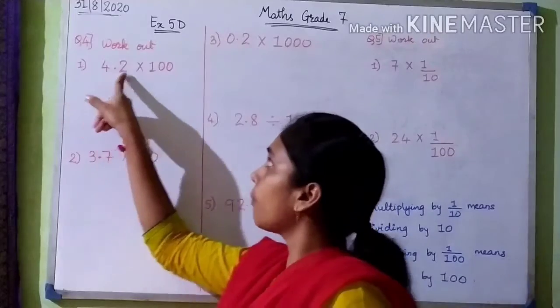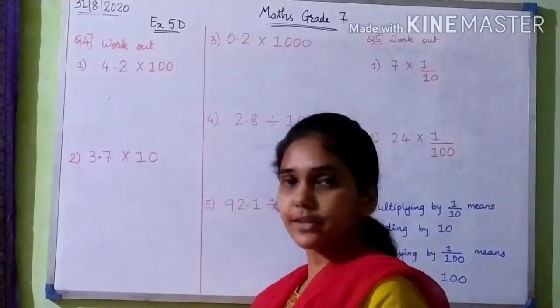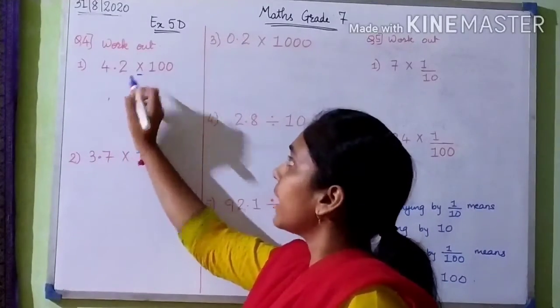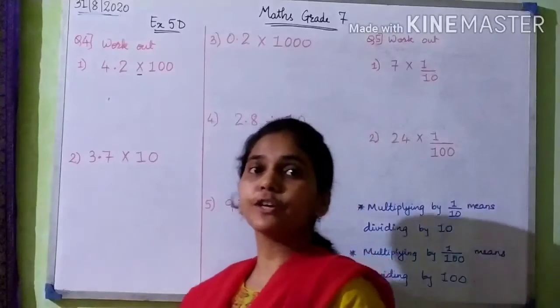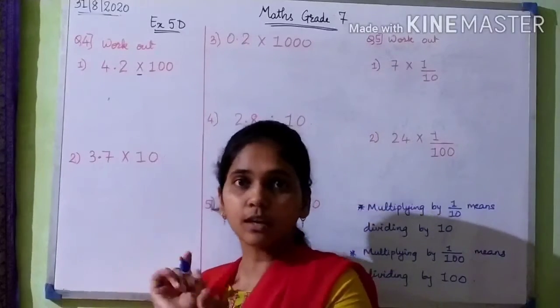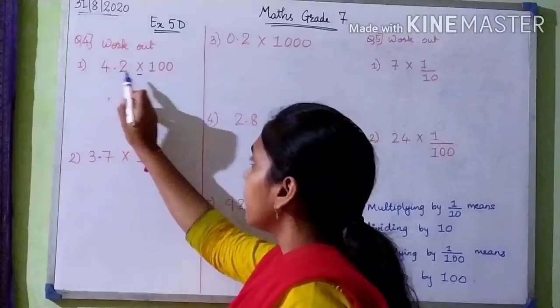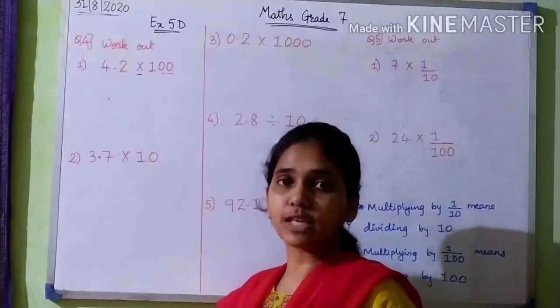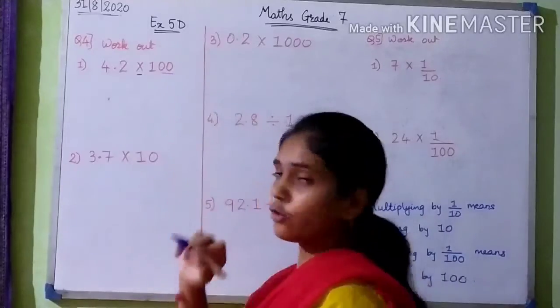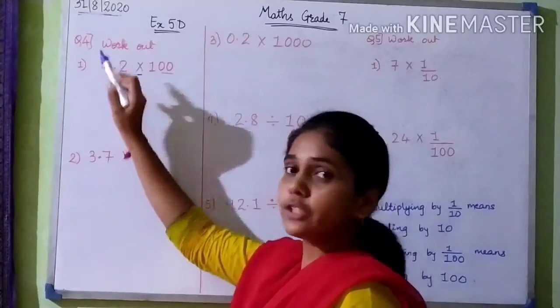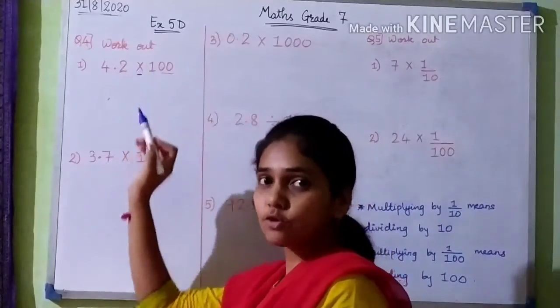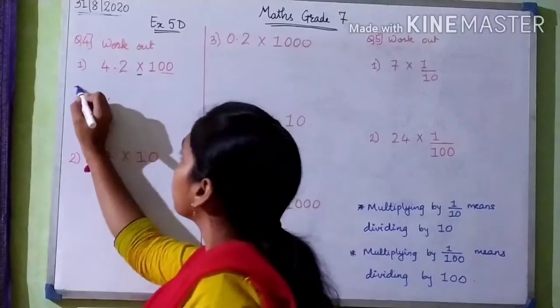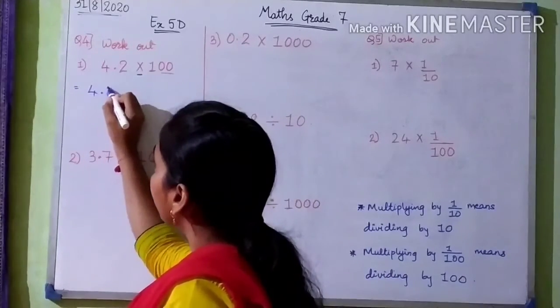So the first one is 4.2 multiplied by 100. Here it is multiplied, so the decimal point is going to shift towards the right. By how many places? We have to check how many zeros are there in 100. There are 2 zeros. So the decimal point will shift 2 places towards the right. First I write 4.2.